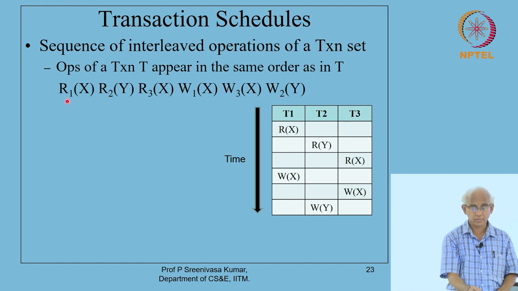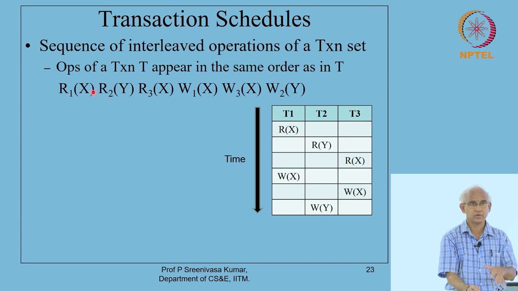So, we assume that there are a bunch of 3 transactions running, and this is the particular way in which the operations of the transactions are interleaved and run by the system. So, we have a notation for that.